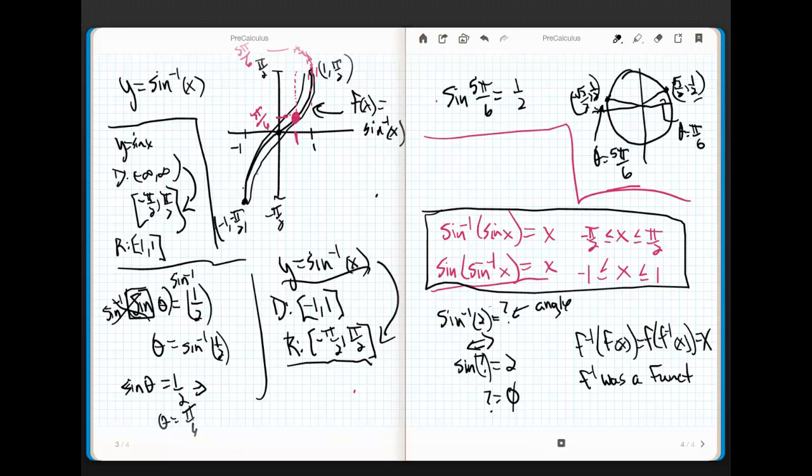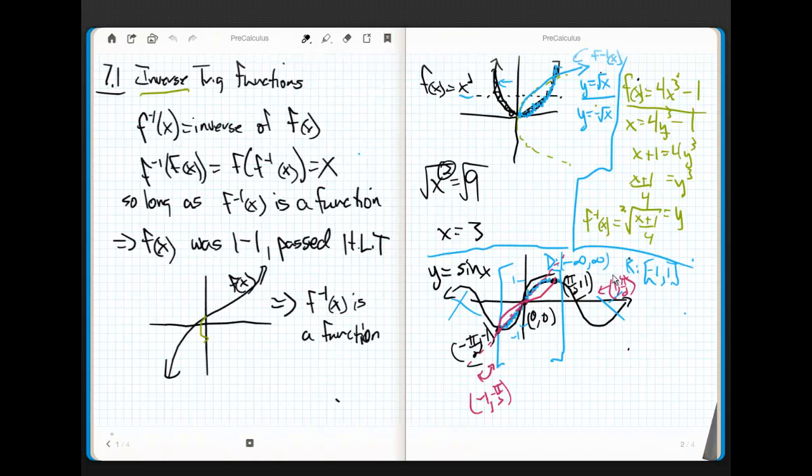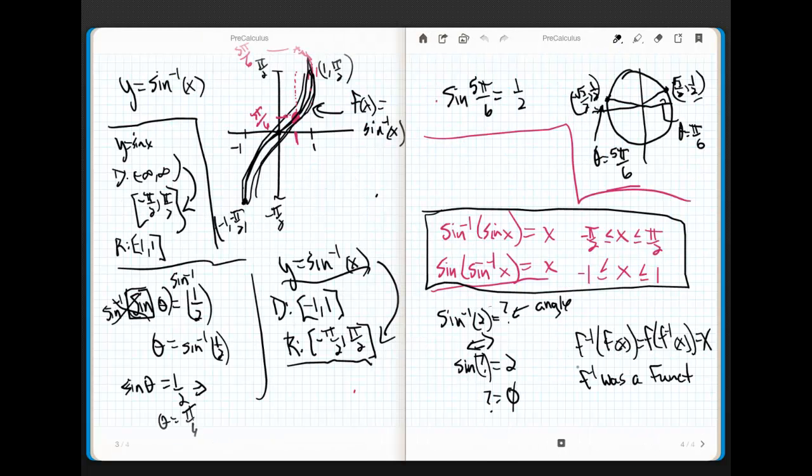Now, we had to turn f inverse into a function. We had to provide more structure for it to be a function. Remember back here, we had to take the portion of sine that was one-to-one. And as soon as we had to do that, as soon as we had to say, well, it works as long as we qualify it, then we have to qualify when this is the case.